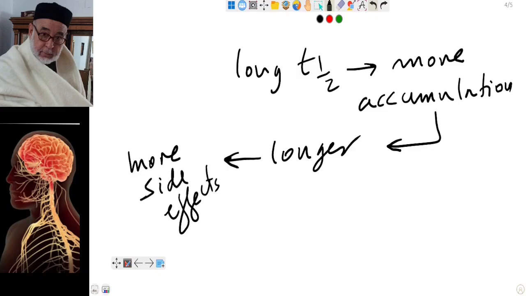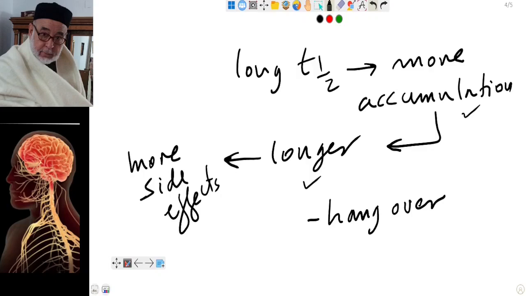When he wakes up in the morning, if the drug has a longer T-half and more accumulation in the body, the person will suffer from a hangover effect. That means the effect of the drug will be retained in the morning. So this is the clinical significance of the T-half. The longer the T-half, the more the accumulation of the drug in the body, and therefore the more possible side effects and hangover.